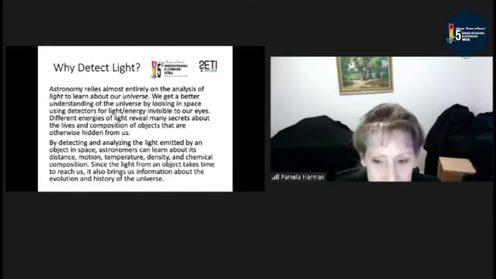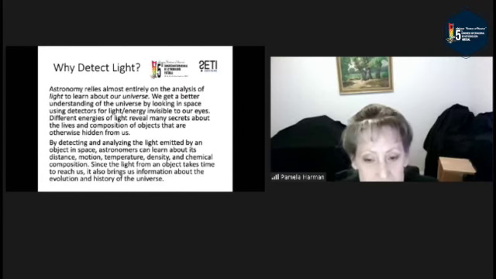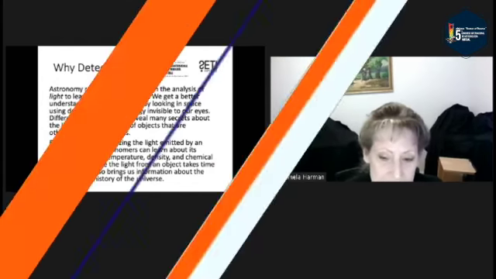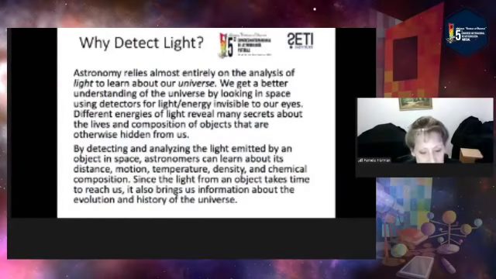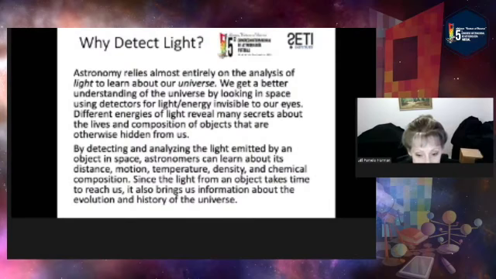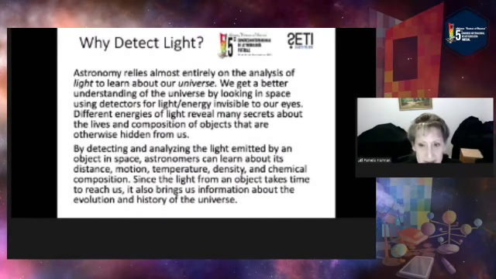By detecting and analyzing the light emitted by an object in space, astronomers can learn about its distance, motion, temperature, density, and chemical composition. Since the light from an object takes time to reach us, it also brings us information about the evolution and history of the universe. So if you think about the cosmic microwave background study, which really helped us determine the age of the universe, that was determined by using invisible light, the microwave wavelength.